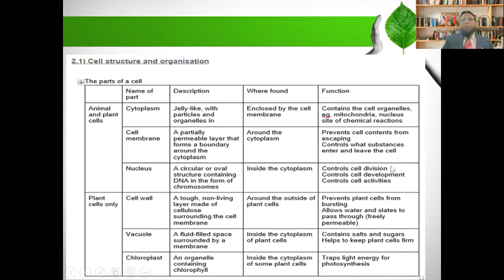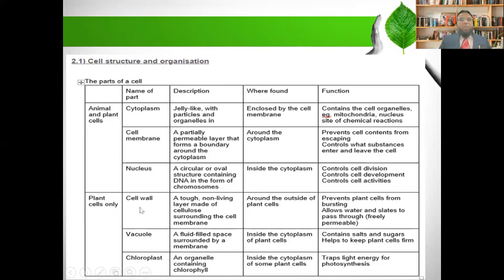It works like the brain of the cell. It controls cell division, it controls cell development, and it controls all the activities of cells. So the nucleus is found in both plant and animal cells.